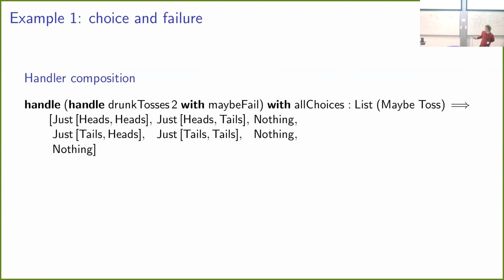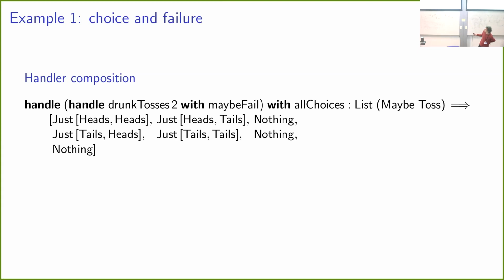And if you run this, I promise you, you get this. And what's this telling us? The first two lines correspond to the case that the drunk catches the coin on the first occasion. And if they catch it on the second occasion, you can get heads, or heads, tails.